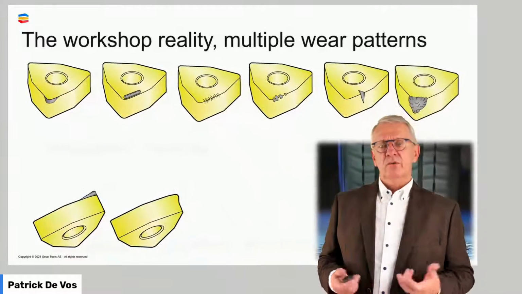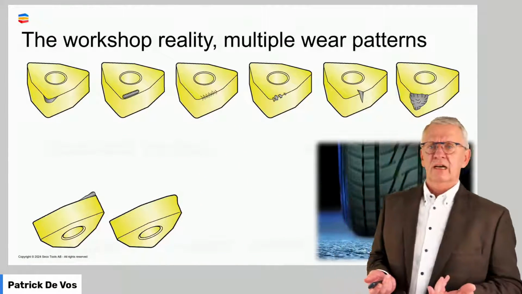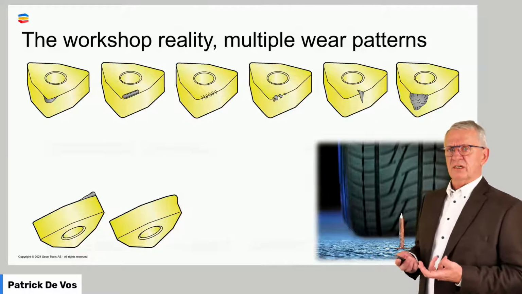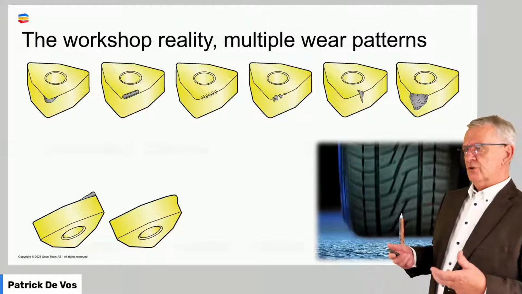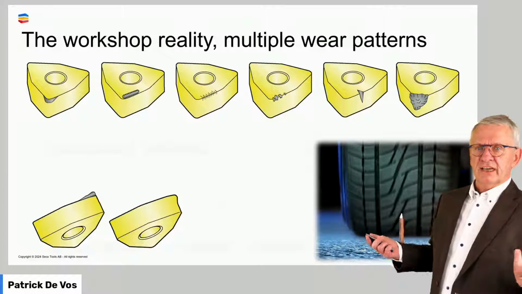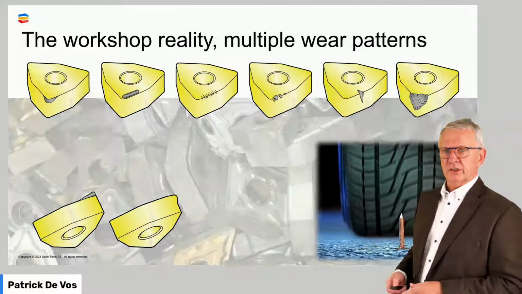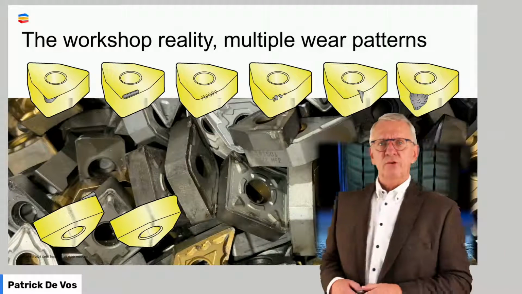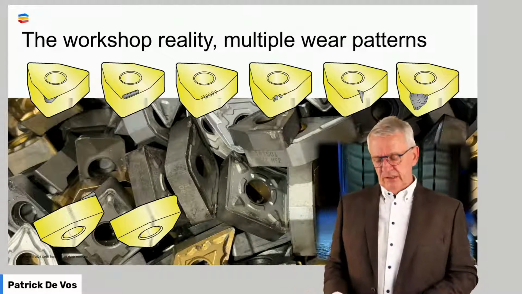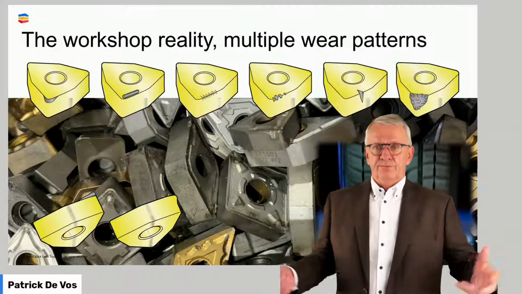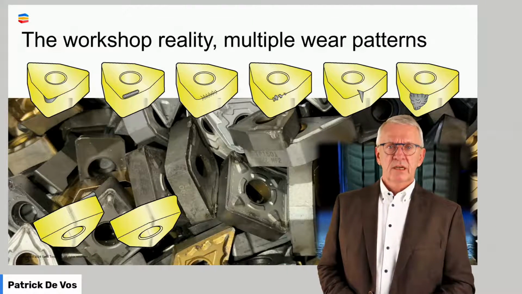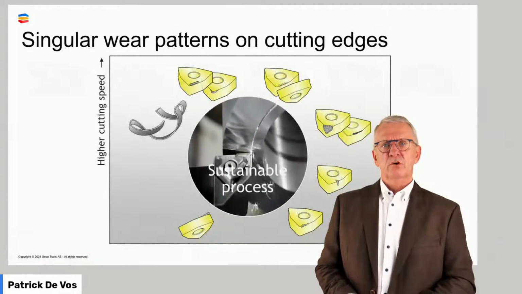And why all this? Because I always like to use the example of the nail and the tire. You can think you are on top of everything, and then one single nail somewhere on a road is causing you a big problem. And that's why if you look at used cutting edges, you'll see quite a lot of them due to the nail, so to speak. And that's what we have to bring some order in.